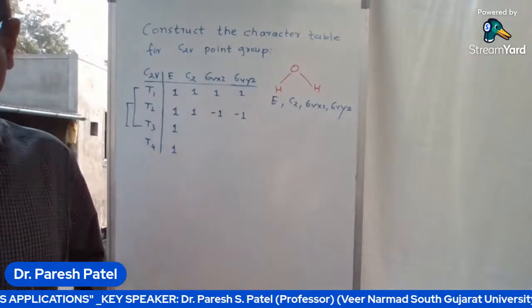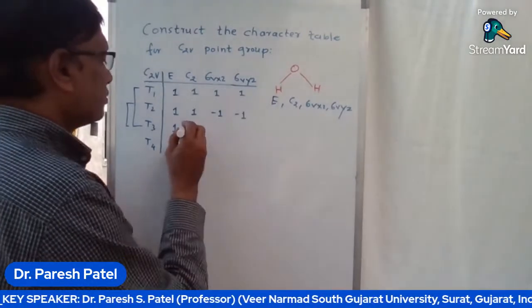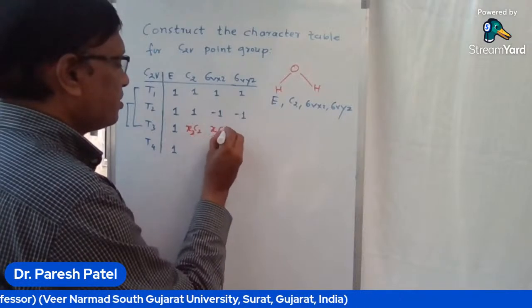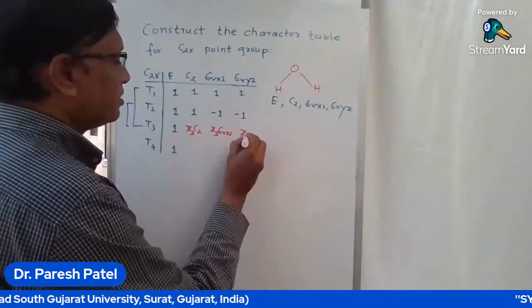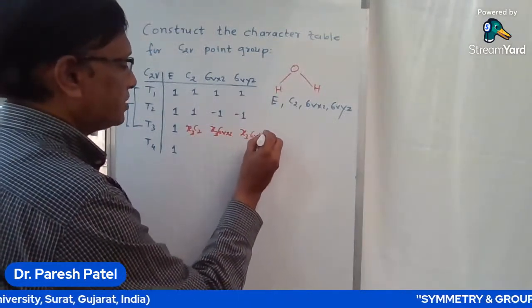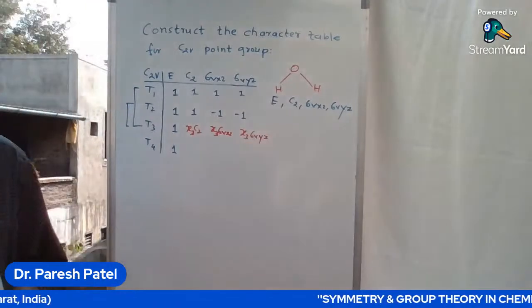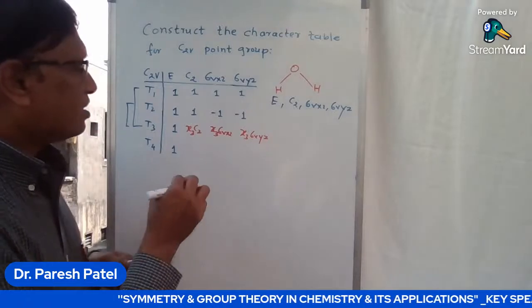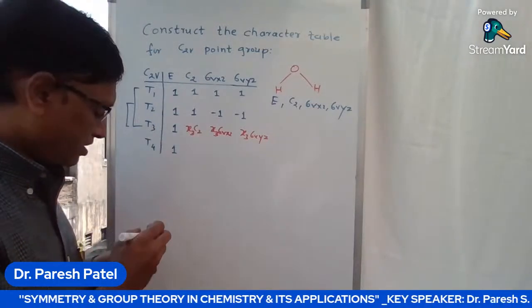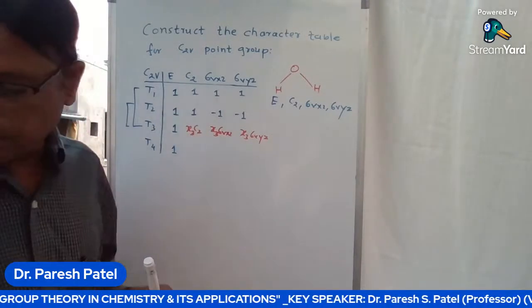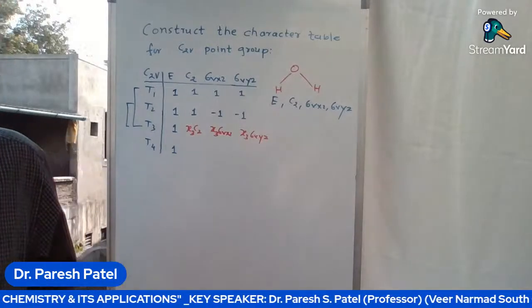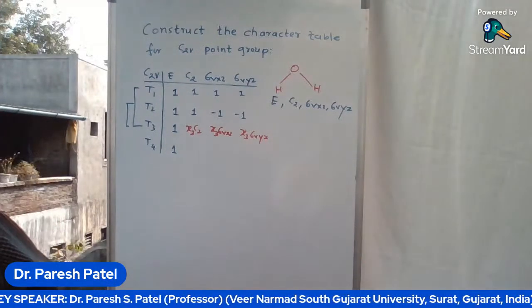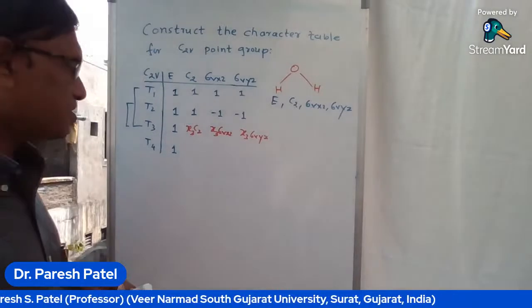Suppose these values are character 3 C2, character 3 sigma V xz, character 3 sigma V yz. The characters for irreducible representations of the same group are orthogonal to each other.